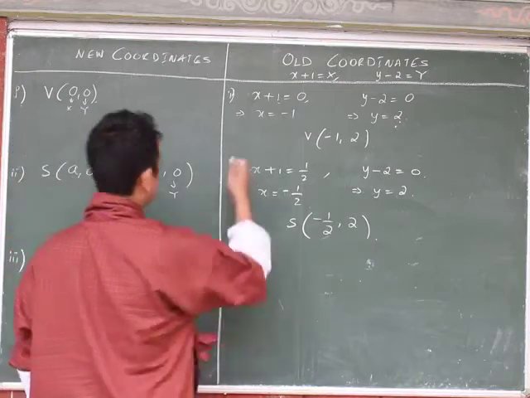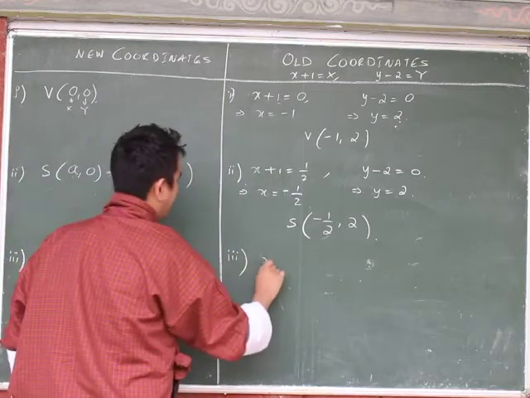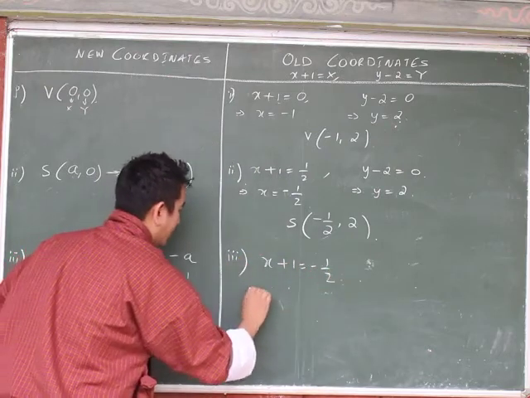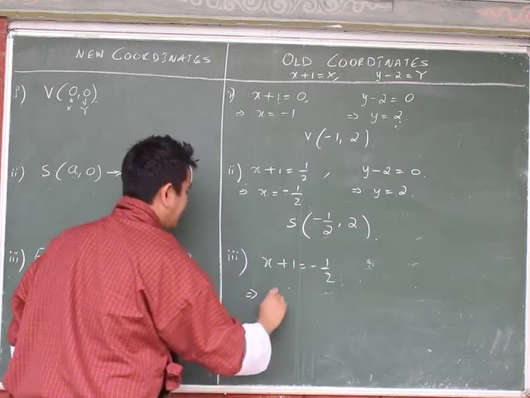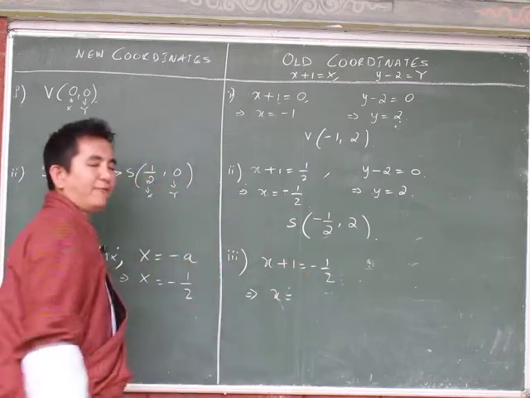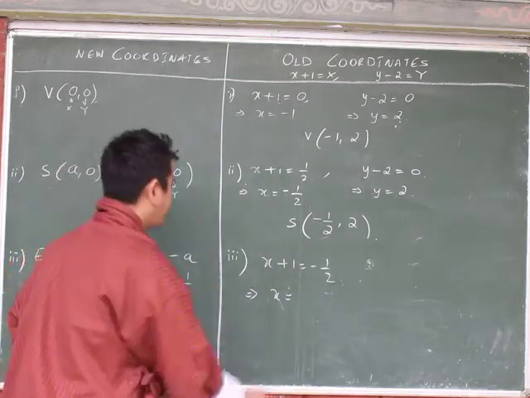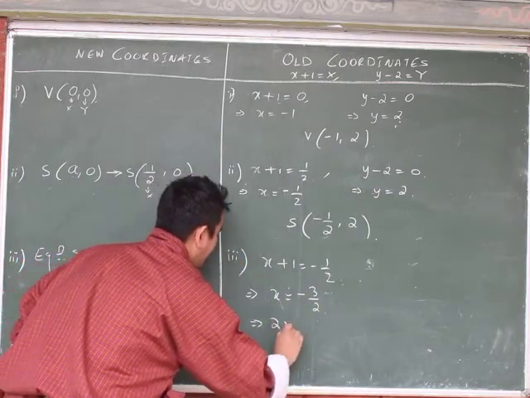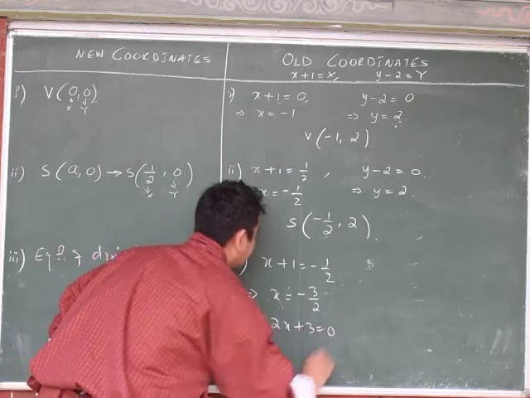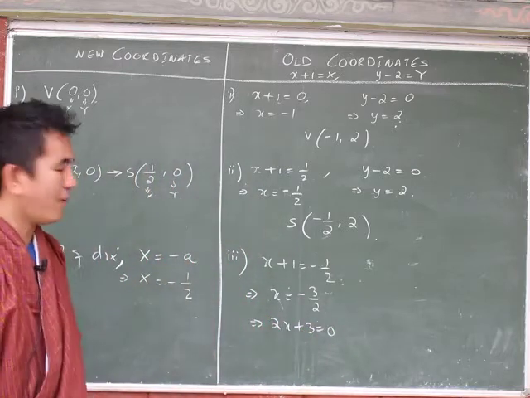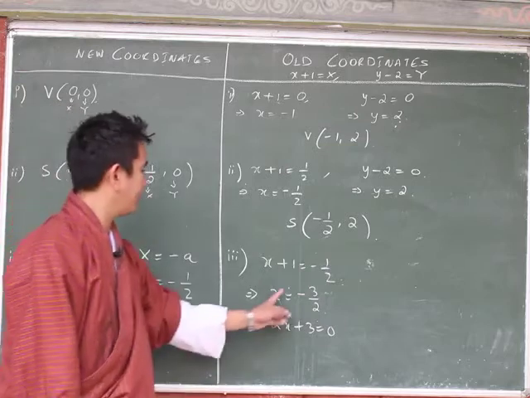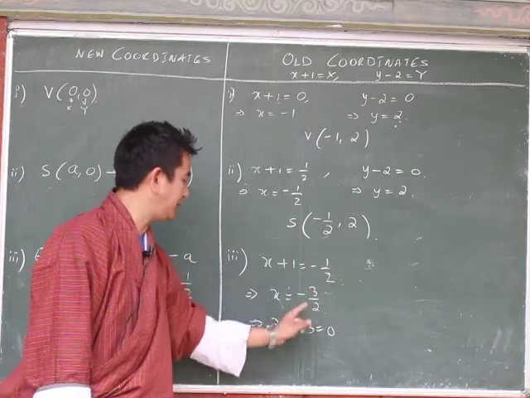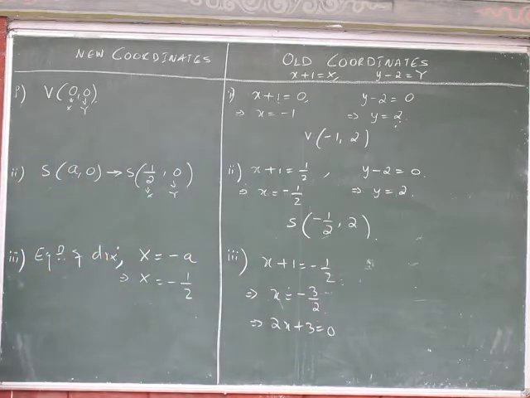Substitute this negative half there. X plus 1 is equal to negative 1 by 2. That implies, taking 1 to that side, X is equal to negative half, minus 1, which is negative 3 by 2. Or you can write this as 2x plus 3 is equal to 0. This is the equation of the directrix. Then we have the equation of the directrix.